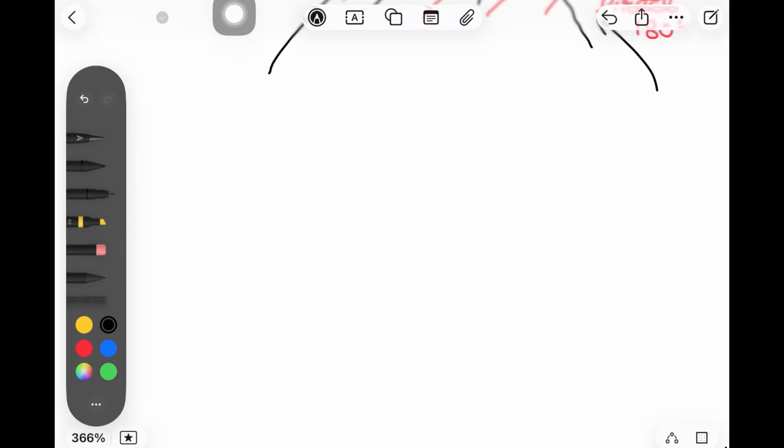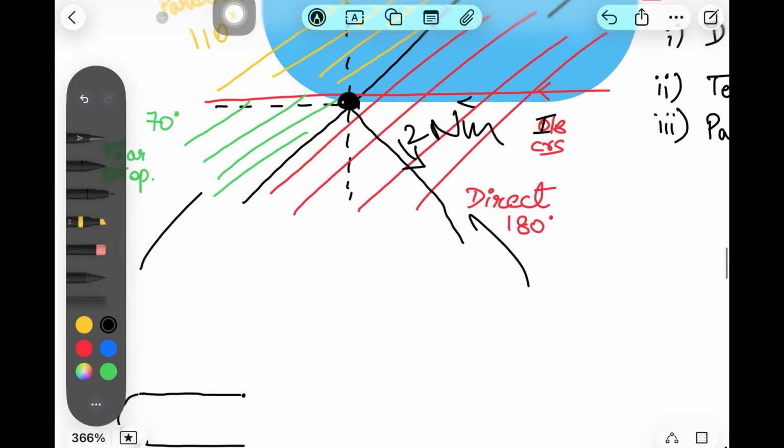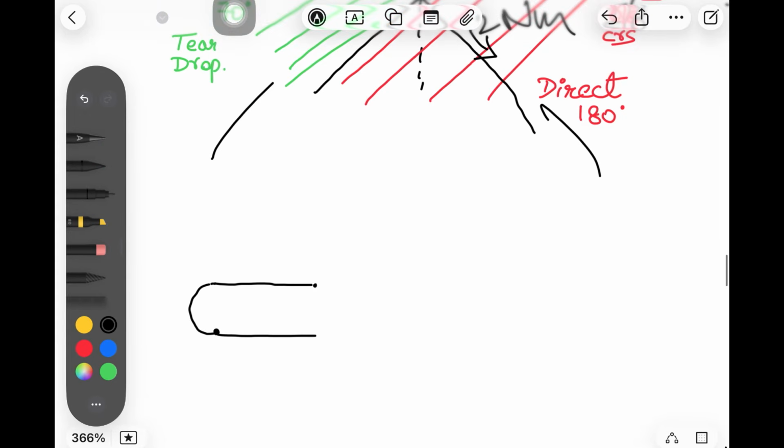I've taken a black color. This is our fix. I'm drawing my outbound course. This is where we'll fly. This is our outbound heading and this is our inbound course. I'll correct myself here also. This is our inbound course. You fly till here and you go towards here.